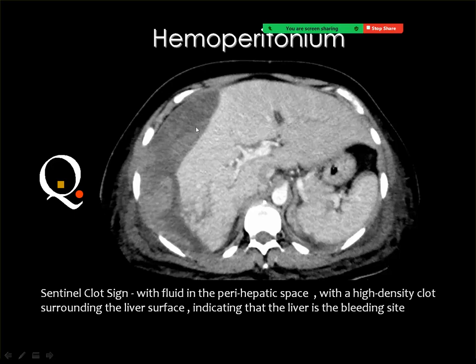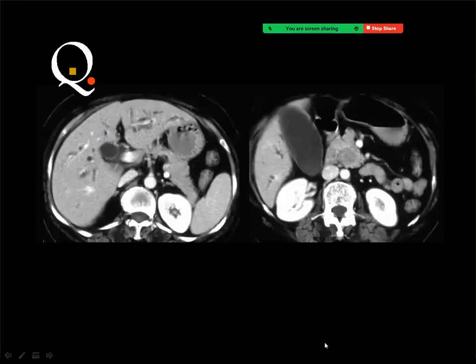You know, the recent blood, which is very close to the bleeding site, will be relatively hyperdense, and the blood away from the bleeding site will be relatively hypodense. And this is hemoperitoneum with subcapsular hematoma in the liver.